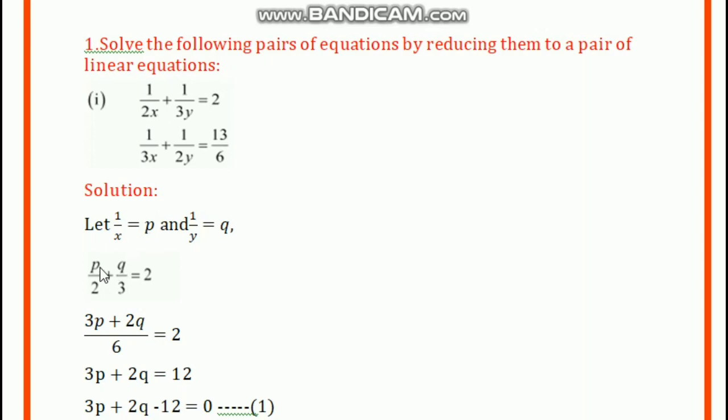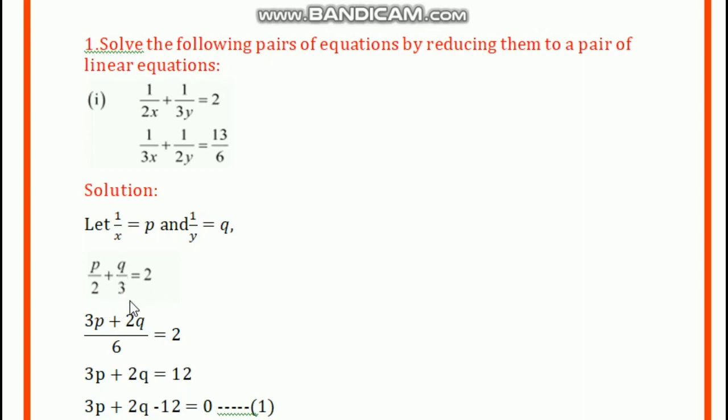For that purpose, I am taking p divided by 2, replacing 1 by x with p. The denominator 2 is already there, so p divided by 2 plus 1 divided by y equal to q, and then 3 is in the denominator, so q divided by 3 equal to 2. I hope you all understood this concept. So p by 2 plus q by 3 equal to 2.